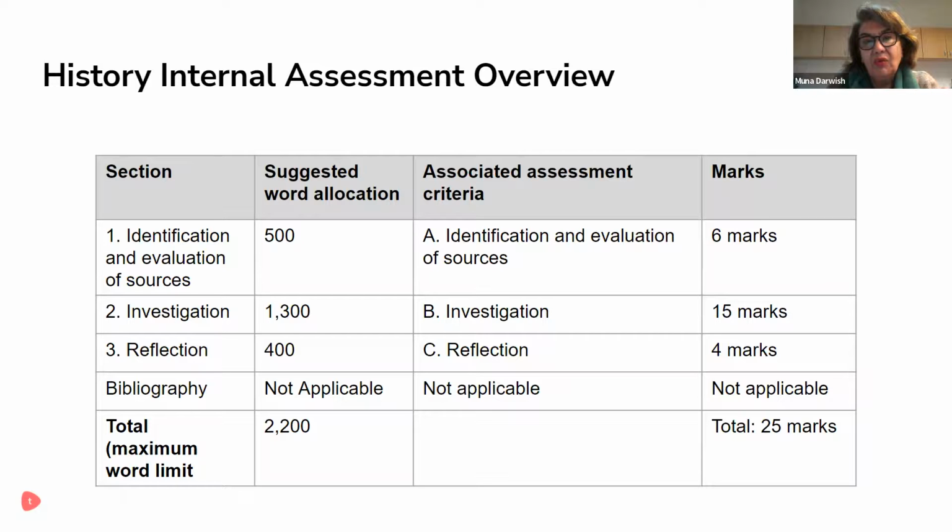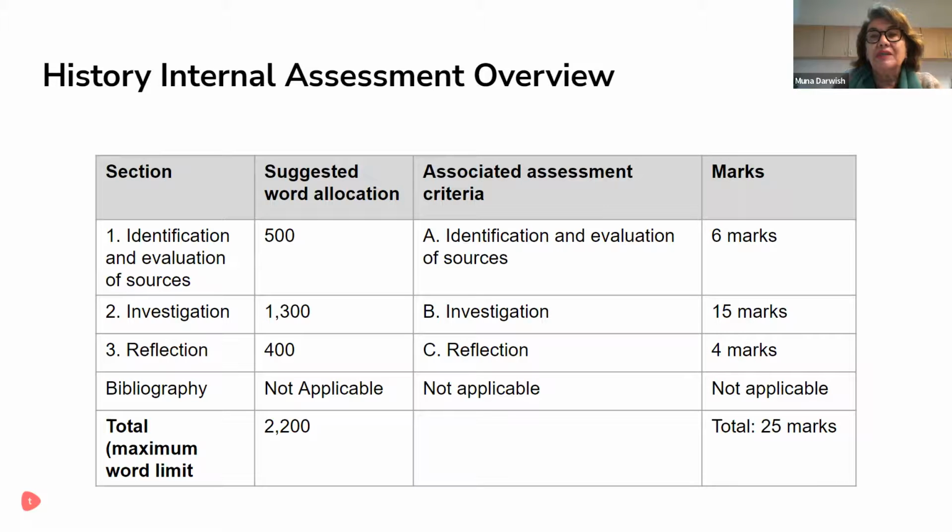So the 500, 1,300, 400 respectively is the word allocation for the 3 sections. And these students need to use the same wording for those 3 sections: one is section A, identification and evaluation of sources, 2 is investigation, and 3 is reflection.